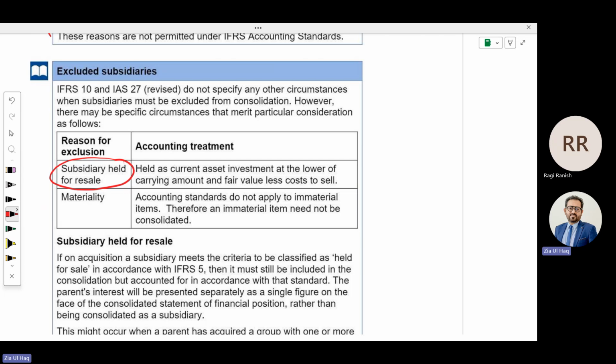That is acceptable. If subsidiary account balances are immaterial, meaning very small, even if you exclude them, it doesn't affect the decision of any user, then you can exclude them from consolidation.